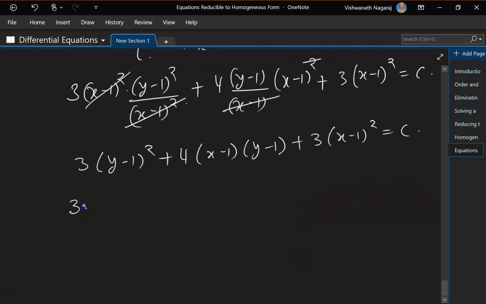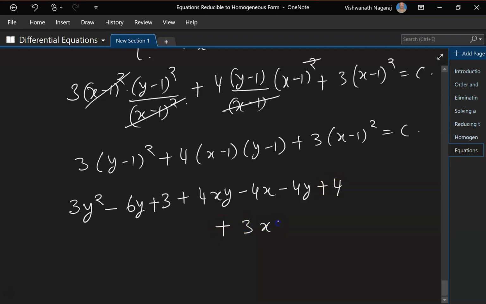equal to c. 3y square minus 6y plus 3, plus 4xy minus 4x minus 4y plus 4, plus 3x square minus 6x plus 3 is equal to c.